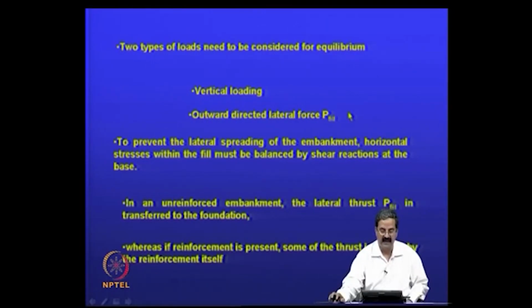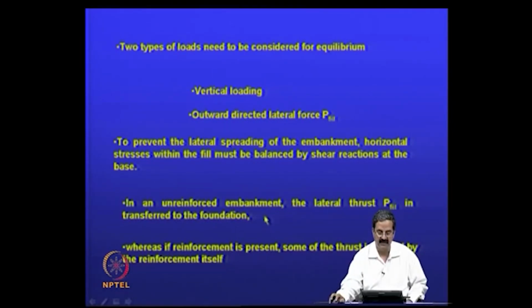If you want to analyze that, you have to see this. What is the vertical load that you have, and what is the outward shear stress that is coming from this fill. To prevent the lateral spreading of the embankment, the horizontal stresses within the fill must be balanced by shear reactions at the base.